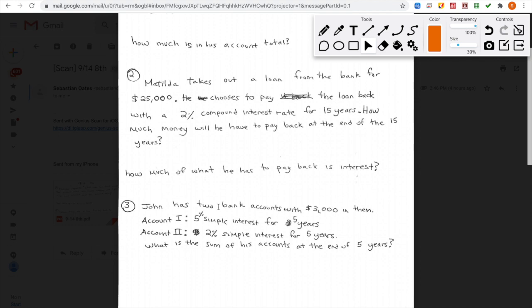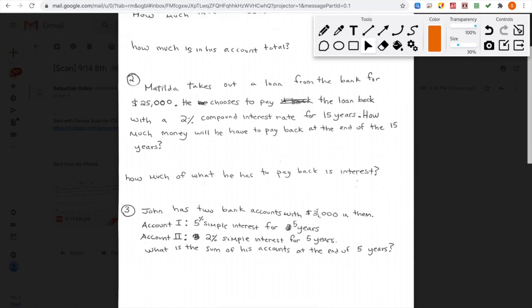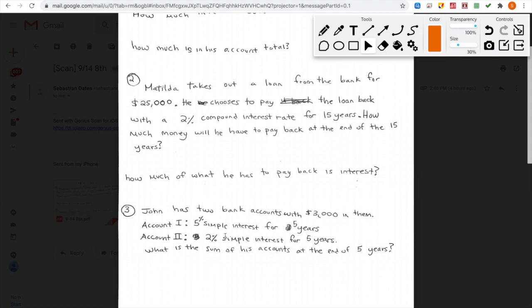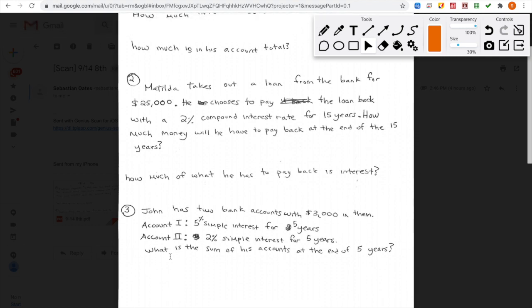So what I need you to know is that the simple interest formula will give you just the interest. So to find the total amount in each account, you have to add the $3,000 after you solve it into account 1. You have to add this $3,000 into account 2. So that way you can find the sum of both of the accounts. And the sum means when we add two things together.